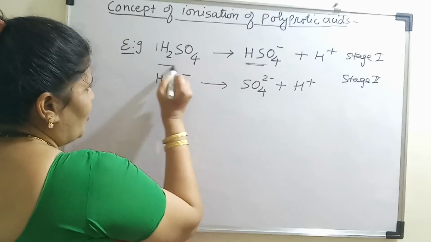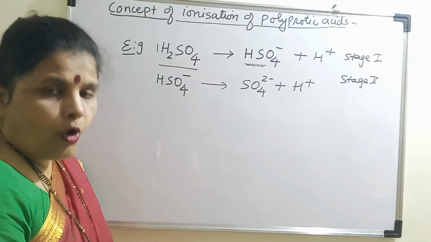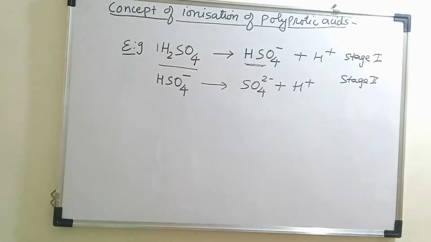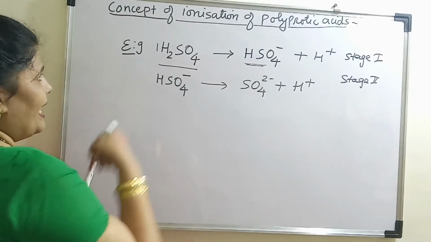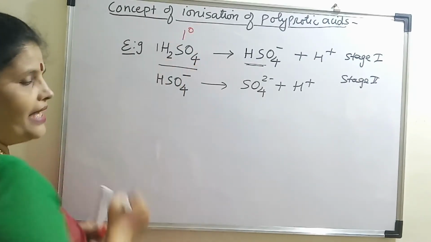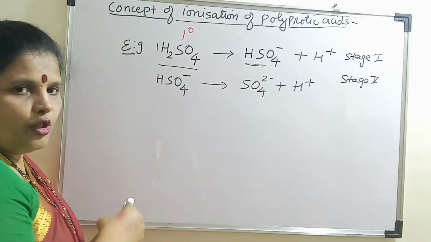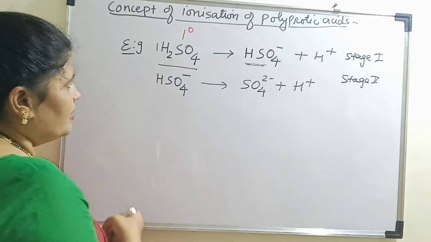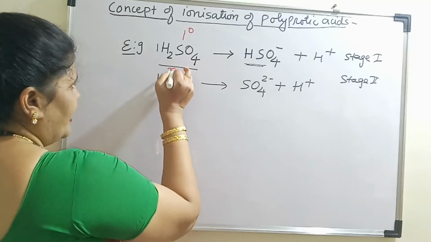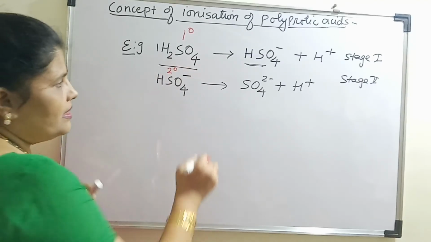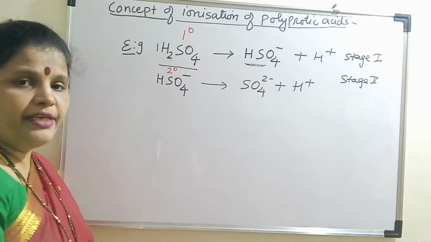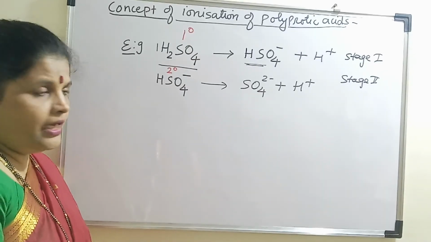This particular molecule, where all the H plus ions are present within the molecule, I will call a primary acid, right? If I see this, it has lost its 1 proton, so I will call this a secondary acid. And when the third is liberated, it will be called a tertiary acid.